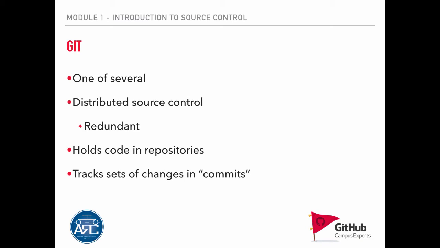So Git, like I said, is one of several types of source control or version control. It's the one that we'll be using here in this class. It's very popular, very widely adopted, one of the most well-known version control tools out there. It's distributed source control, which means that every computer or server that has a copy of this code has a full copy.